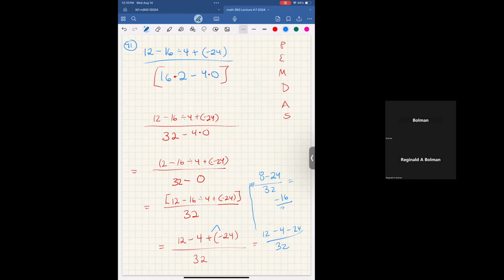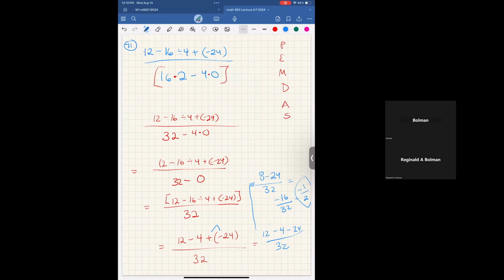And this will be all over 32. Positive and negative is a negative. 16 does indeed divide 32. 16 goes into 32 two times. So you would have a 2 on bottom, so you'd have a negative 1/2.